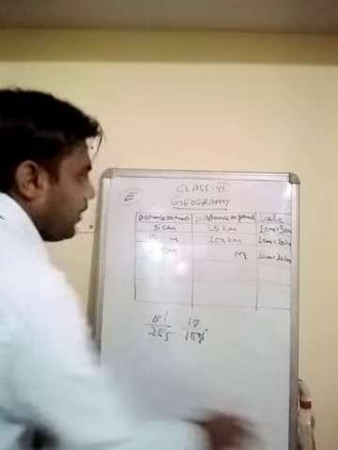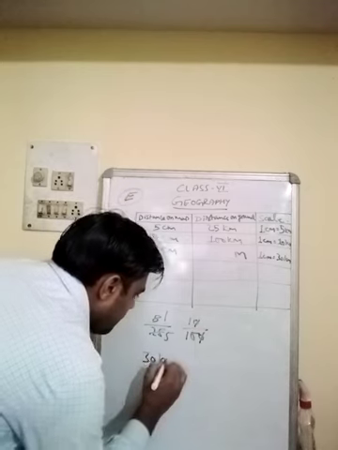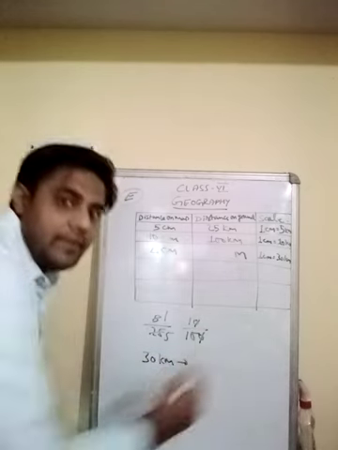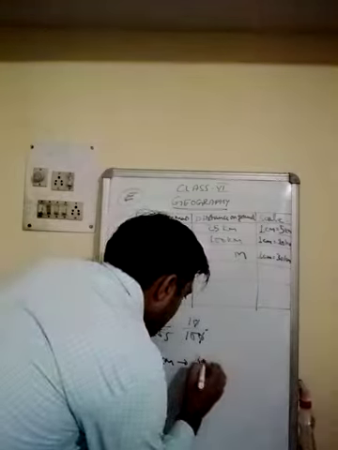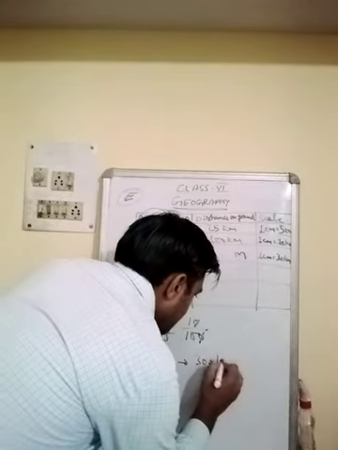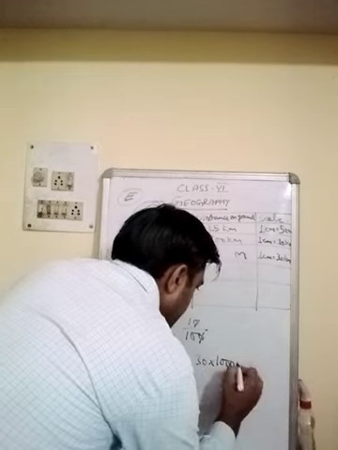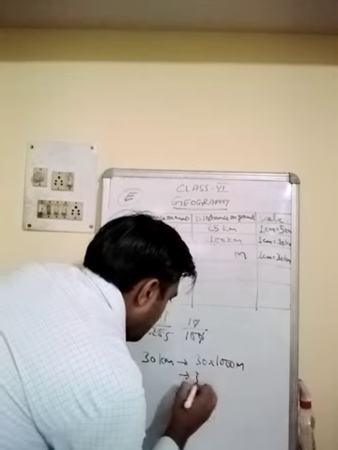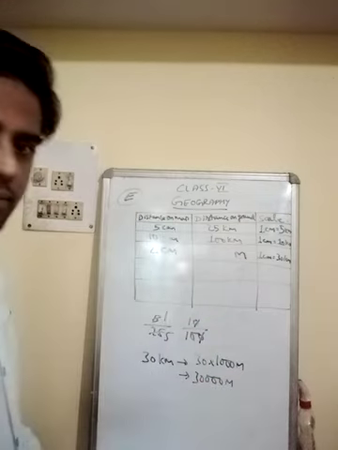So first of all, your 30 kilometer, change it to meter. How will you change it to meter? Multiply it by 1000. So it becomes 30 into 1000 meter. What do you get? 30,000 meter.